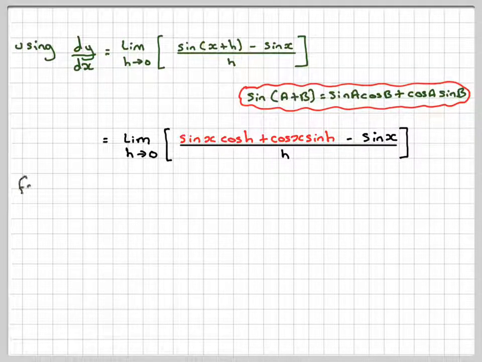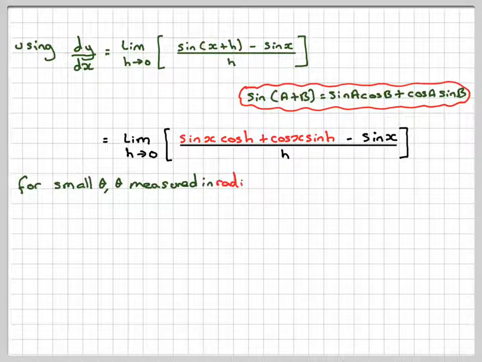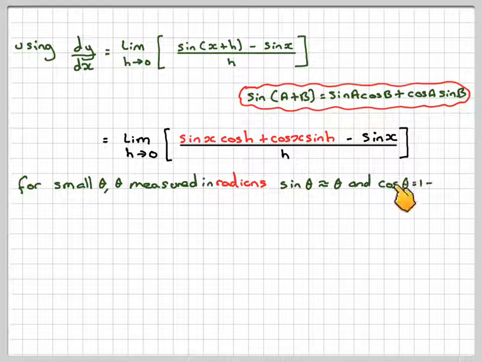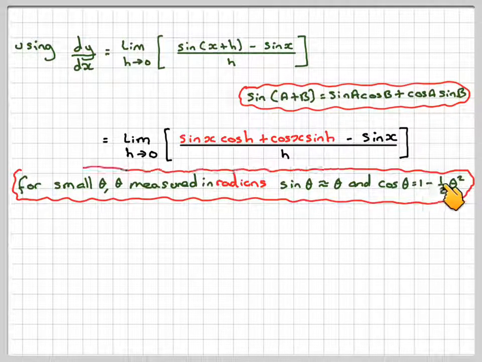Now, for small angles measured in radians, it has to be measured in radians, we know that sine theta will approximately be equal to theta, and that cos theta will be 1 minus a half theta squared. This is a result we've already done.